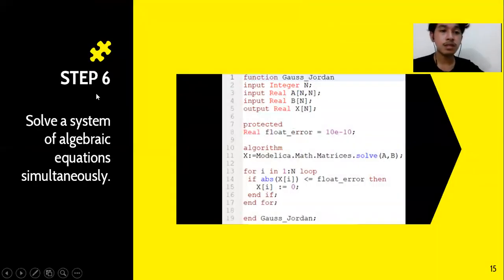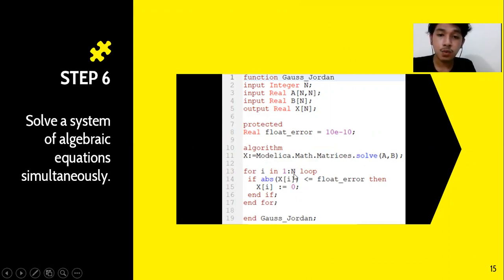Okay, and then step 6, we solve a system of algebraic equations simultaneously. So in this picture, there is a certain code that will be written in the program, which we can see right here. X equals to Modelica.Math.Matrices.solve A and B. It is pretty much the same from the previous example.